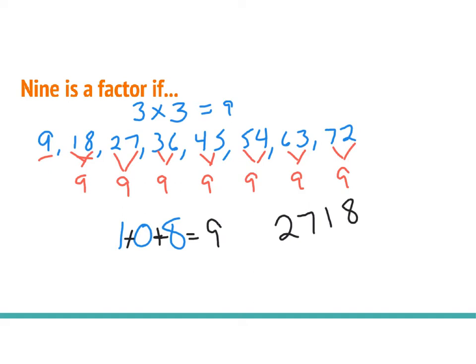Well, if I add all these digits right here, 2 plus 7 is 9. 1 plus 8 is 9. Those two added together get 18. That tells me that 22,718 has 9 as a factor. So you can just add the digits. If they add up to a multiple of 9, then you know. That's it, real quickly.